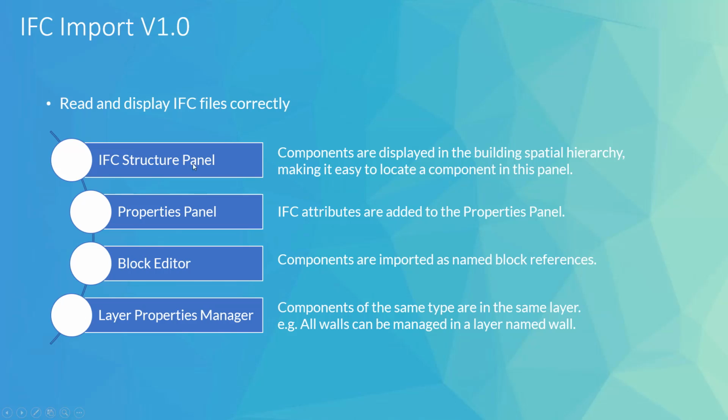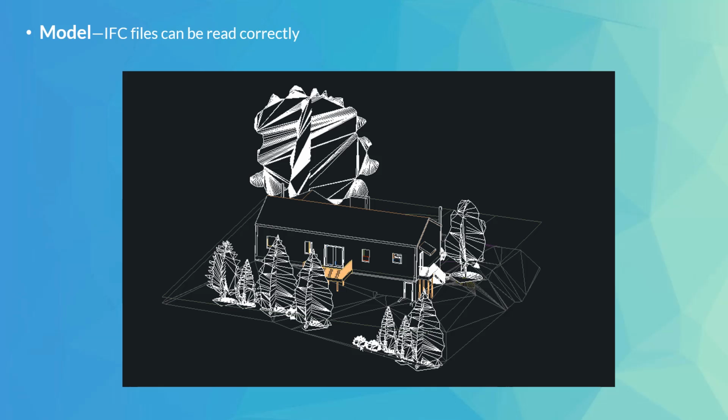It will show the IFC Structure Panel, and the Properties panel has the IFC Object Attributes. All the components in the IFC are imported as named block references. We also automatically generate layers for all types of components. So this is the display showing that it can be read correctly.